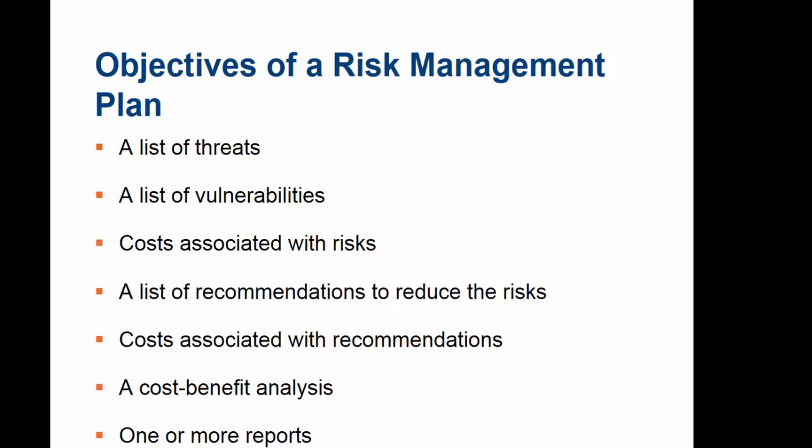So, objectives of a risk management plan: you have to have a list of threats, a list of vulnerabilities, costs associated with the risk, a list of recommendations to reduce the risk, costs associated with the recommendations, a cost-benefit analysis, and one or more reports.